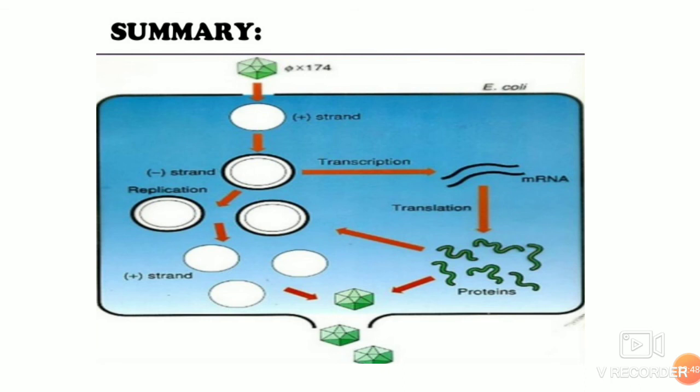Once the DNA is injected into the cell, there is formation of the replicative form by recruiting the primosome and the DNA synthesis machinery from the host, and then more and more replicative forms are formed.